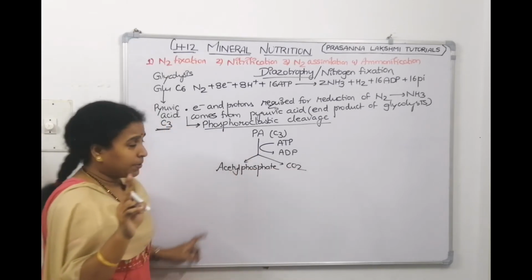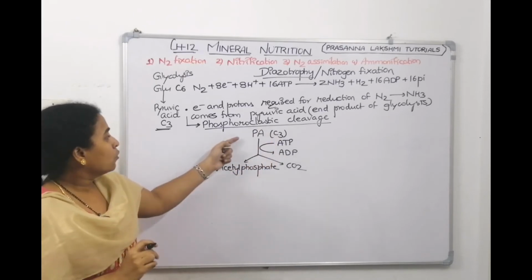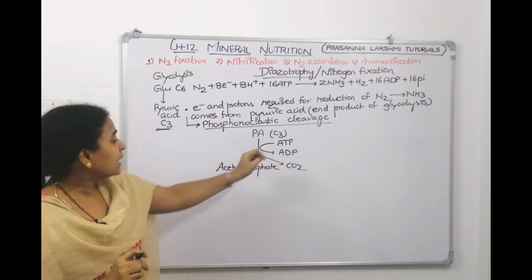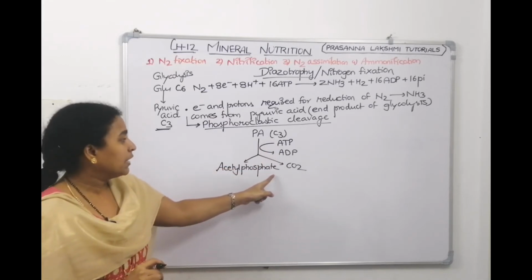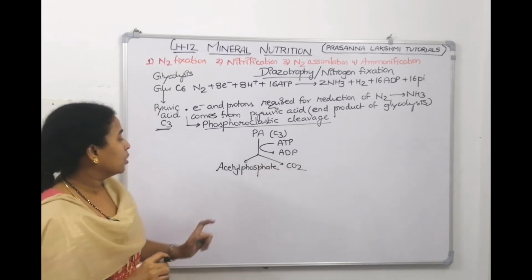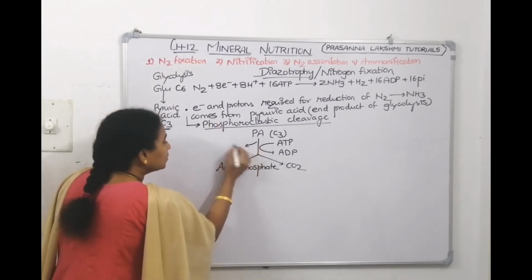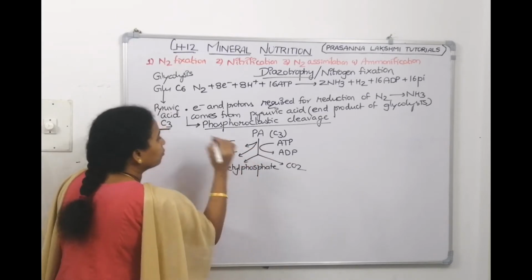Acetyl means 2 carbons, 2 here, 1 here, 2 plus 1, 3. So pyruvic acid uses ATP and gets converted to a 2-carbon compound, acetyl phosphate, and a carbon dioxide molecule. Now, in this process, it loses electrons, it loses protons.